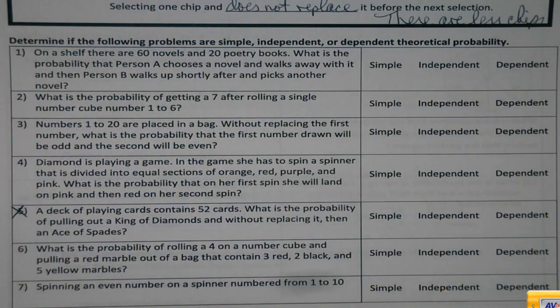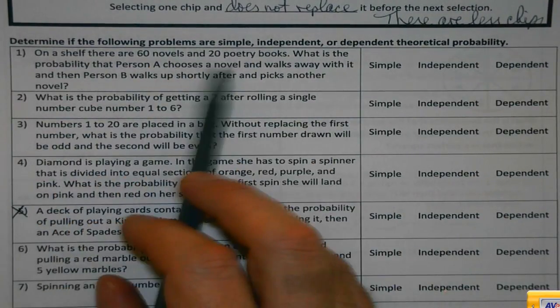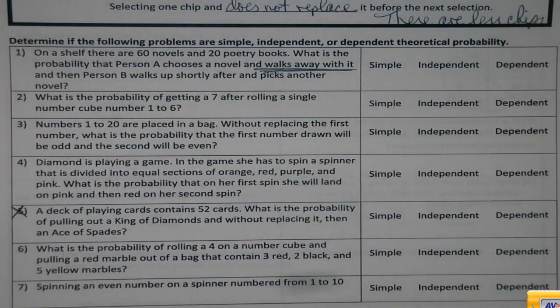So we're just going to lock in on independent and dependent as far as these go. I look at this and I go, okay, on a shelf there's 60 novels and 20 poetry books. What's the probability that person A chooses a novel and walks away with it, and then person B walks up shortly after and picks another novel?